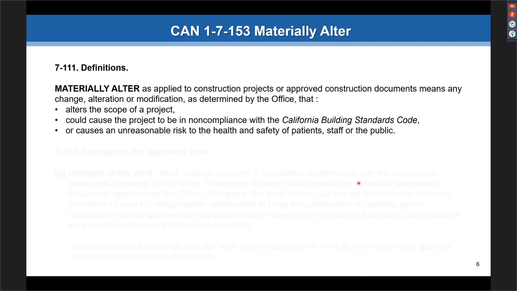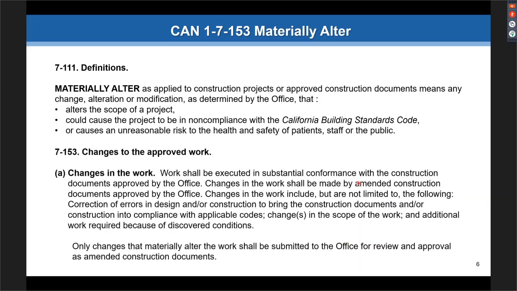Again, going through these definitions is important to understand the purpose and the intent of the CAN. So again, I apologize, but we'll be doing a lot of reading, especially this first part. We're going to be looking at the different types of changes in the work. Changes of the approved work shall be executed in substantial conformance with the construction documents approved by the office.